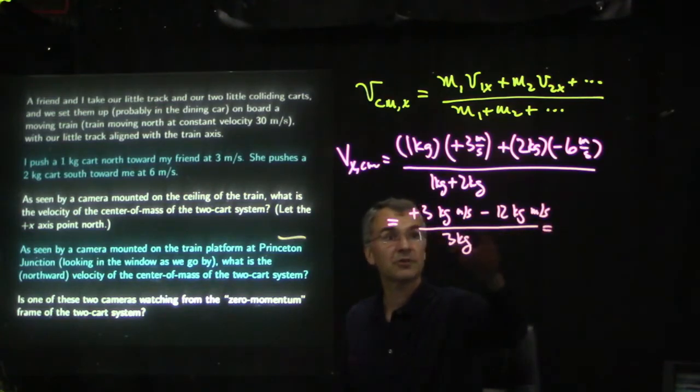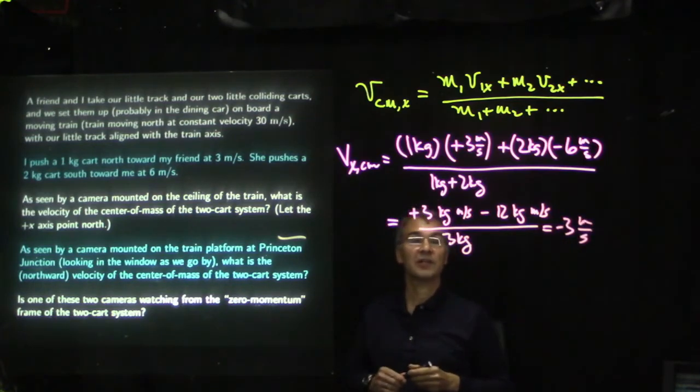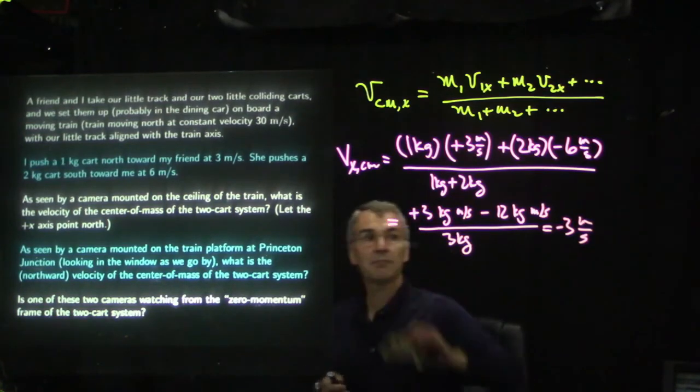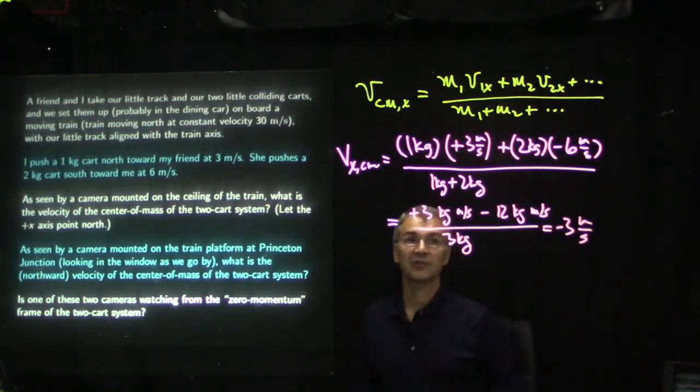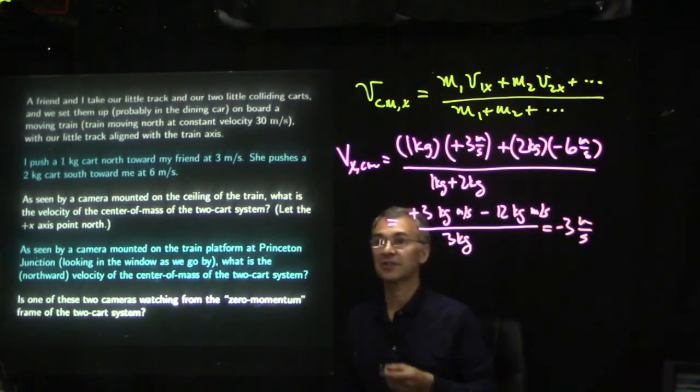So minus 12 plus 3 is minus 9 divided by 3. So there's minus 3 meters per second. Okay, so I say the answer is minus 3 meters per second. In other words, 3 meters per second to the south, as seen by that camera on the ceiling of the train.